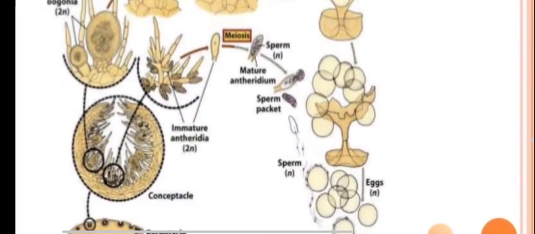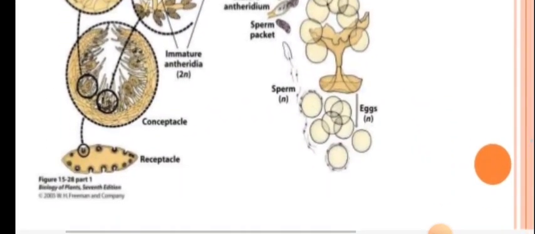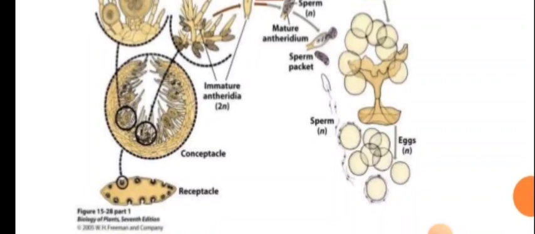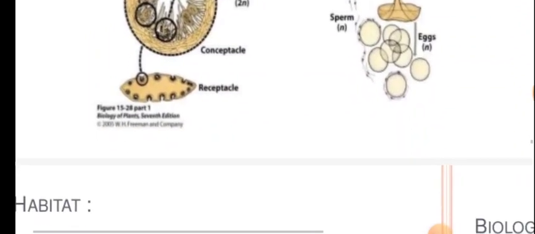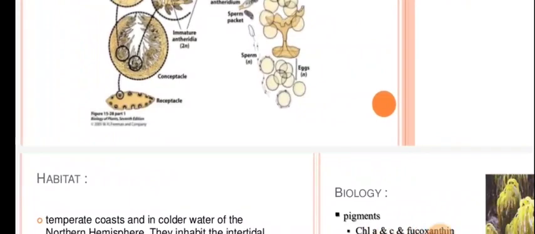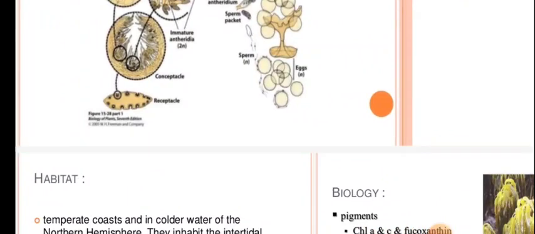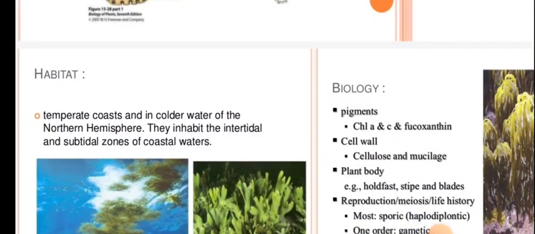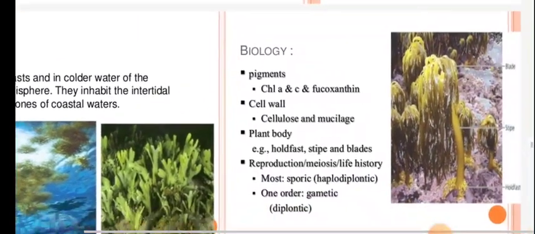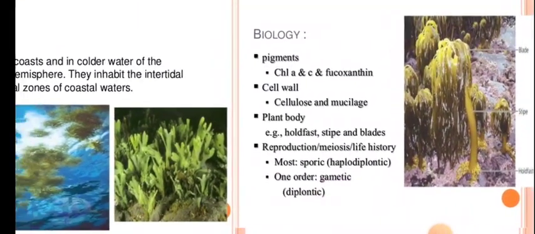So they go to fertilization, the sperms and the eggs are there, and later on again it gives the zygote formation to develop a diploid plant body. So these are the maximum structures of these Phaeophyta members.